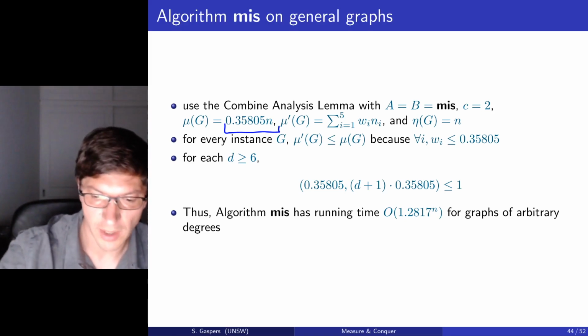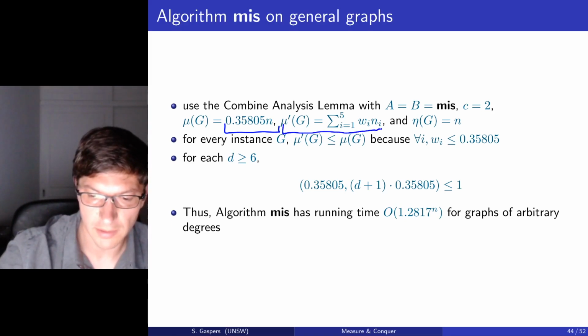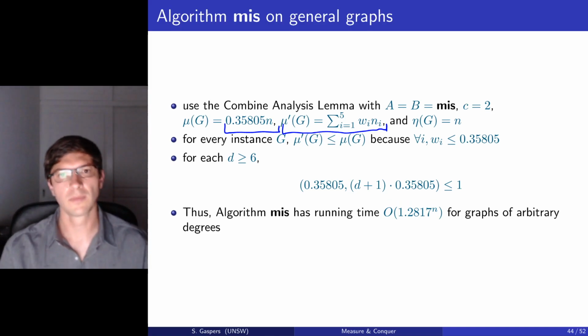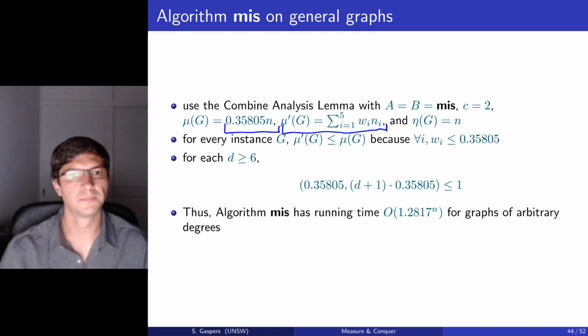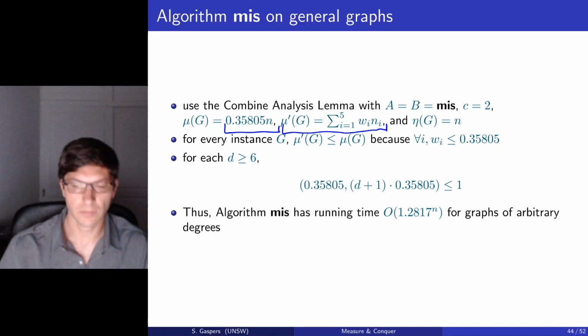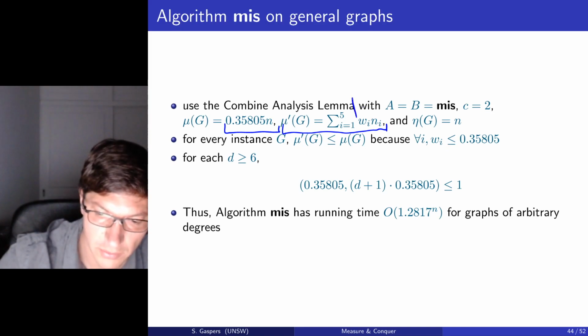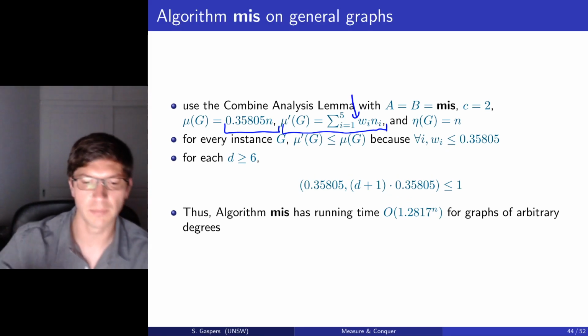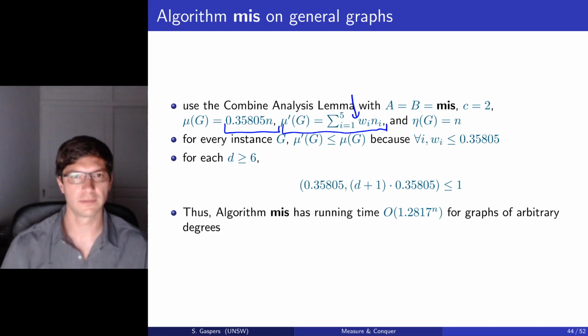Okay, and for mu prime, well, we have the analysis that we already did. Eta is n. So now we have that for every instance g, mu prime is at most mu of g. Because, well, every one of these w's, of these omegas, is at most 0.35805.